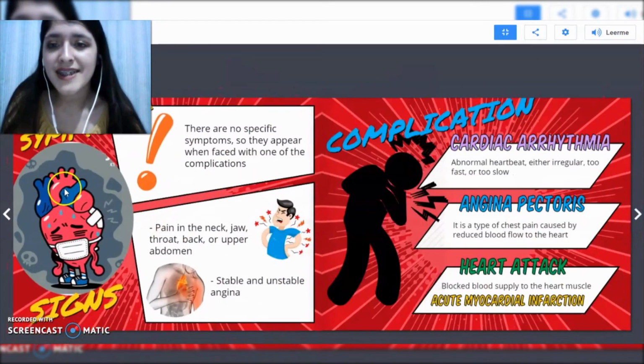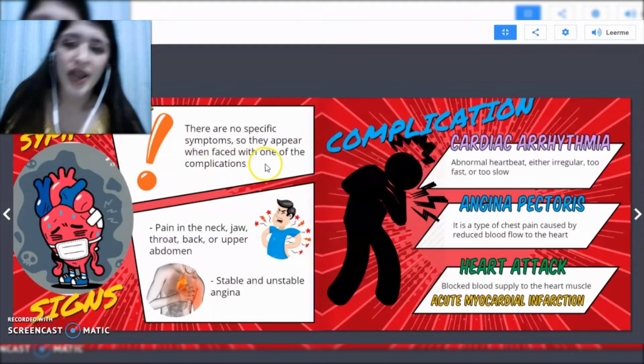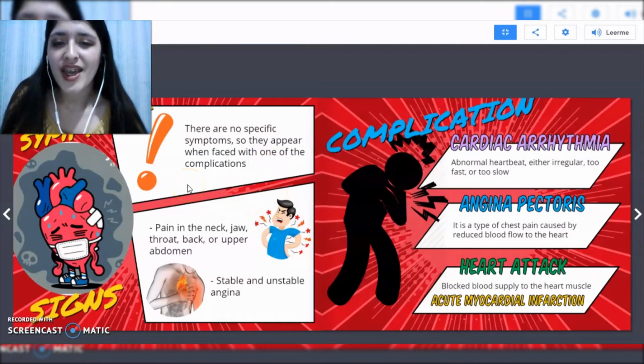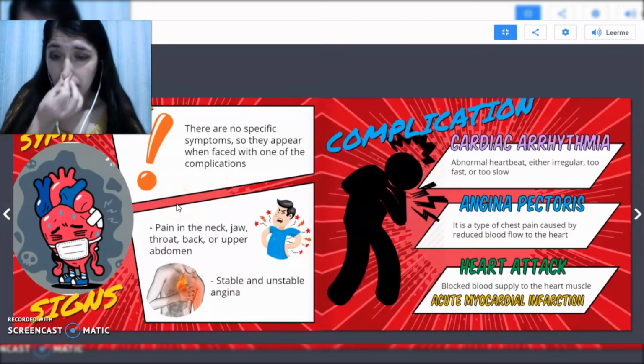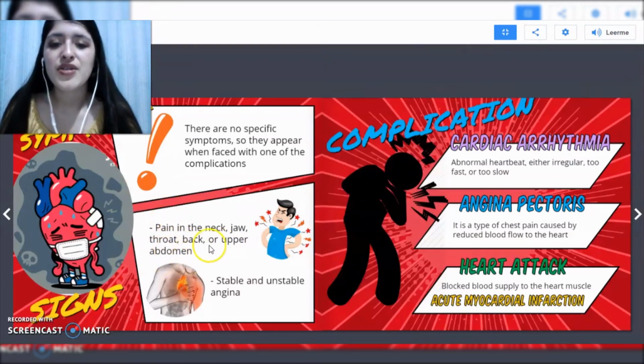So, signs and symptoms. There are no specific symptoms, so they appear when faced with one of the complications. Most people who have allowed the disease to progress will experience two types of symptoms. The first includes pain in the neck, jaw, throat, back, or upper abdomen.